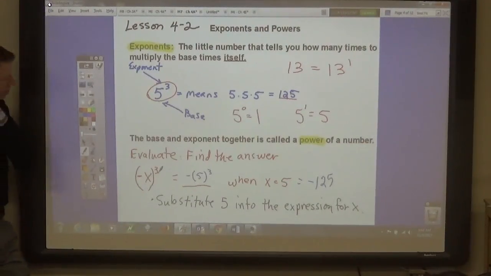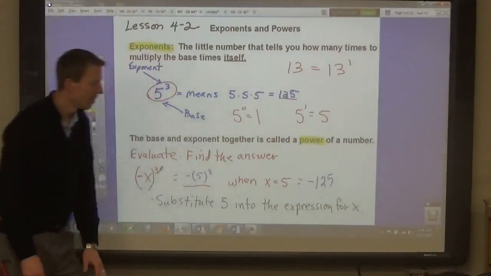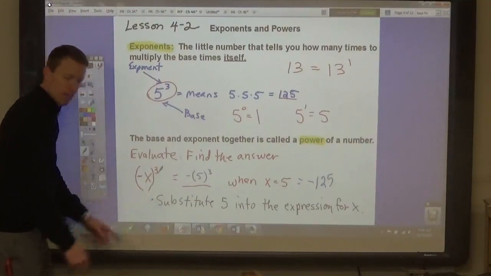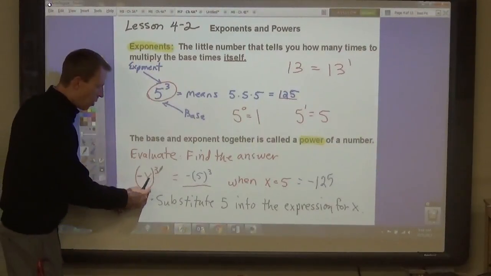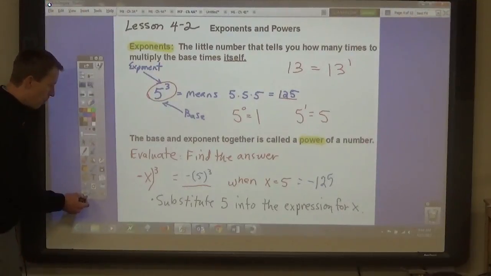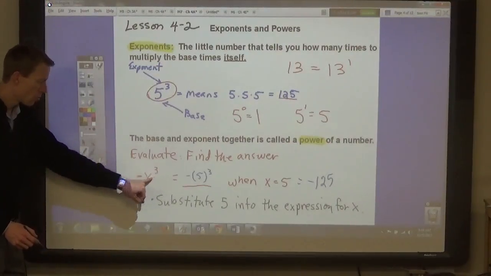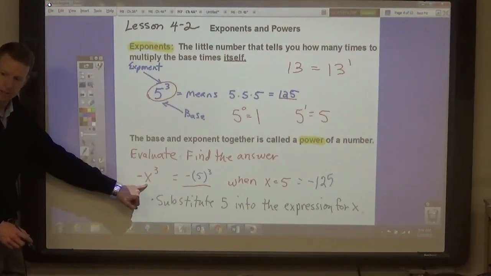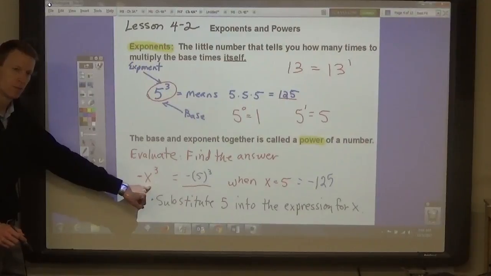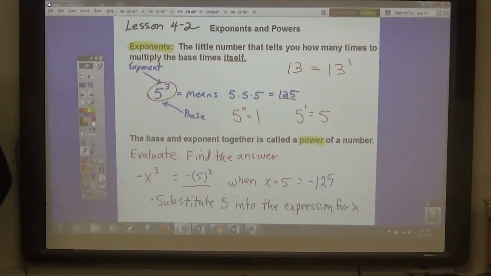Remember, the parentheses make the negative sign part of the power. And if there's no parentheses, then the exponent applies only to what it is right next to. Okay?